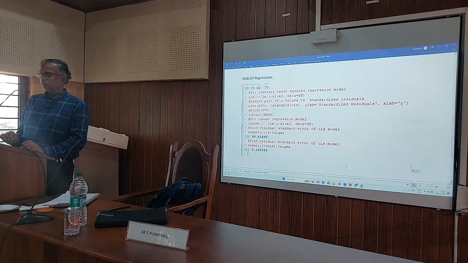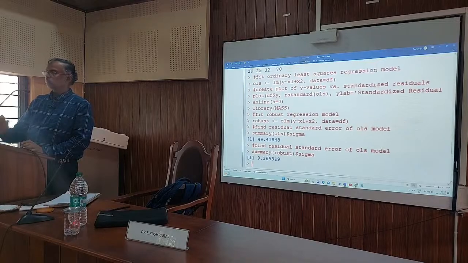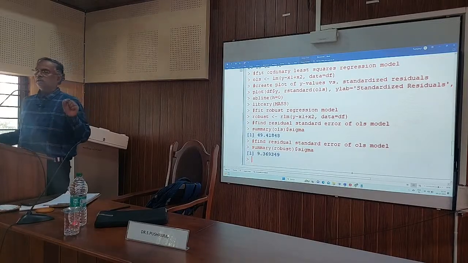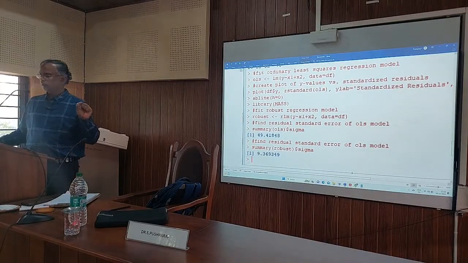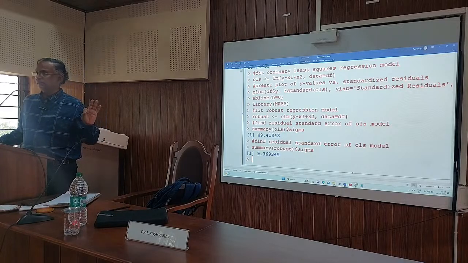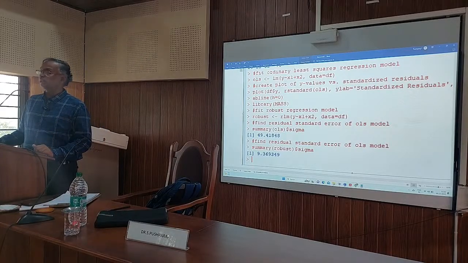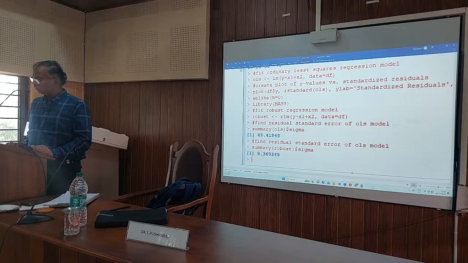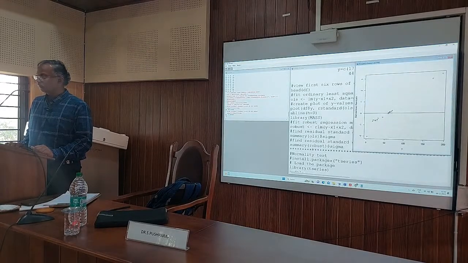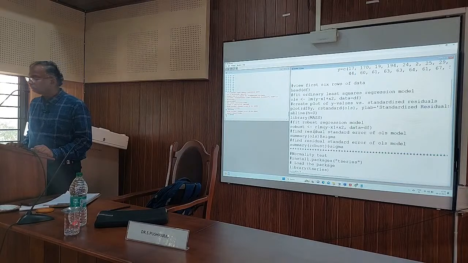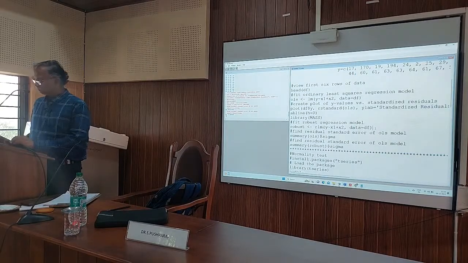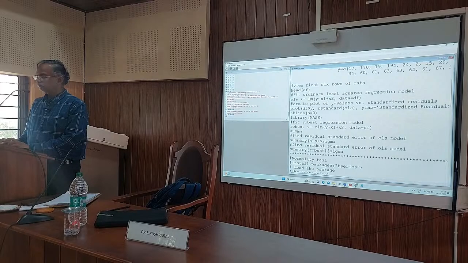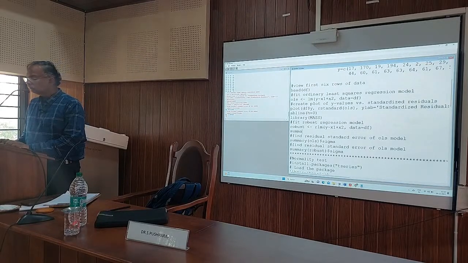Look at this value. What does it say? You are running a regression model. Of course, we have not shown the regression models yet, but we can show both of them. Summary, OLS.